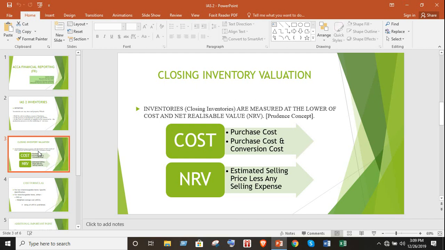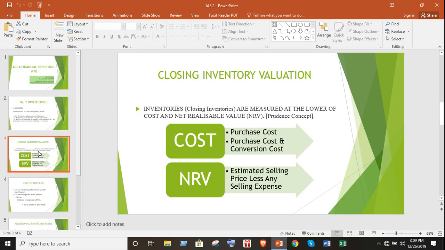Now we have already discussed the cost and NRV. Which value should you take to value your closing inventory? We have already mentioned the closing inventory should be valued at the lower of cost and NRV. Now my question is, why do we have to take the lower value? Why can we not take the higher amount?